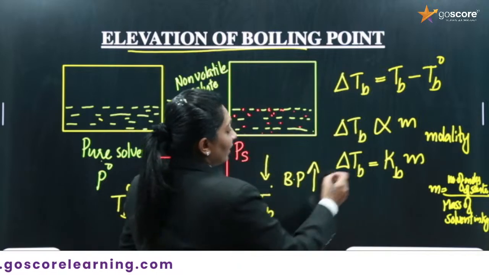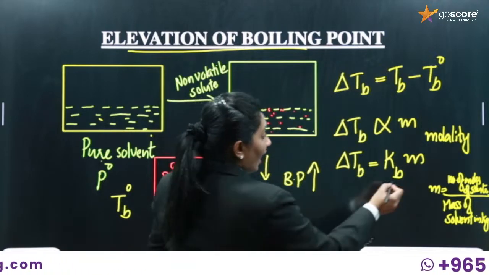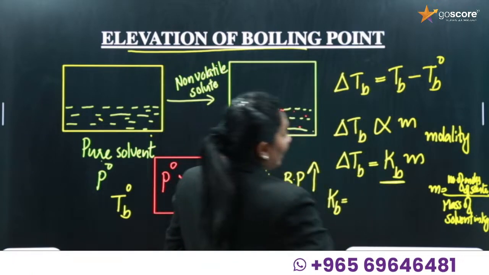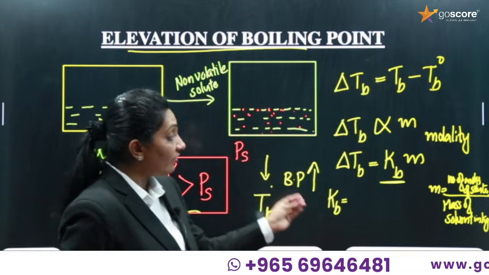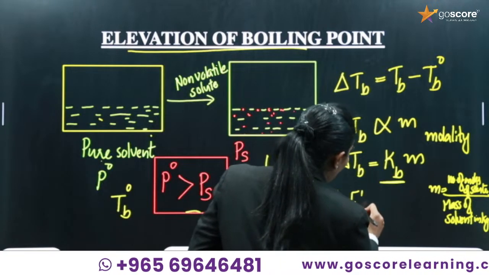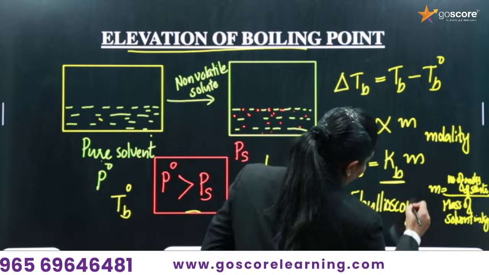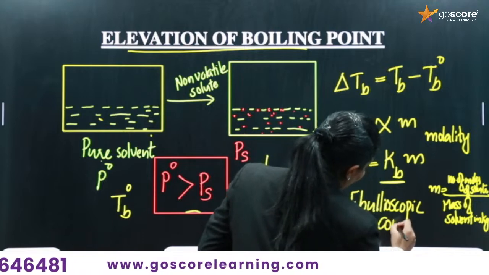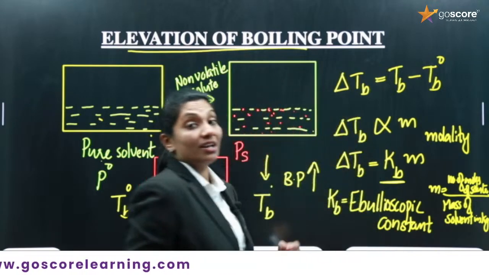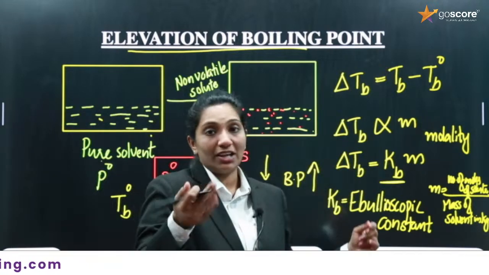Here delta TB is equal to KB into M, and this KB is called the molar elevation constant, or ebullioscopic constant.